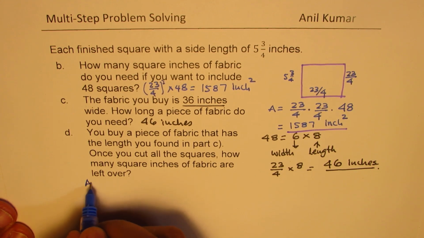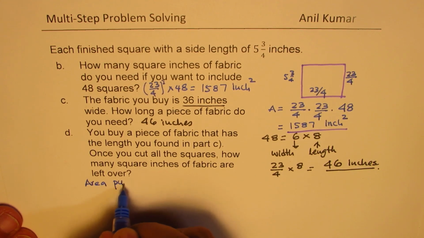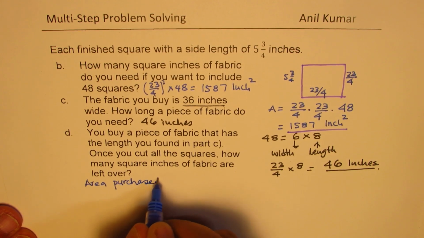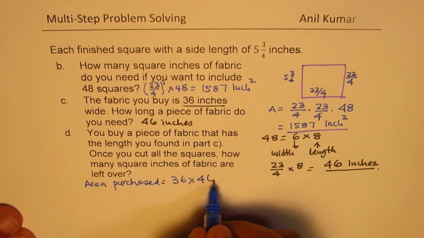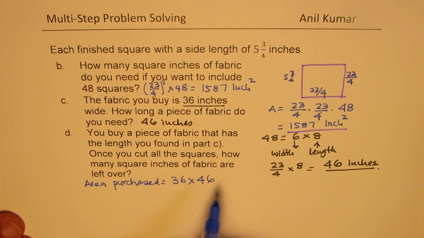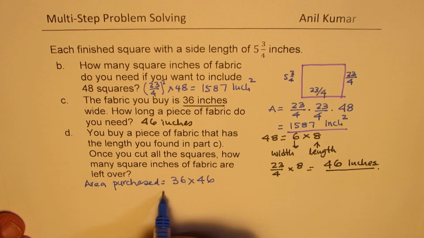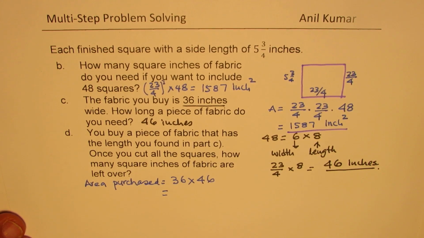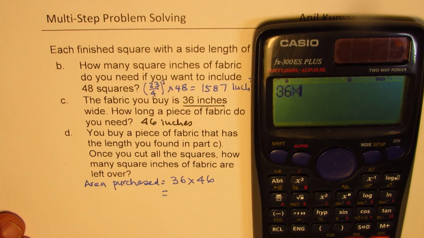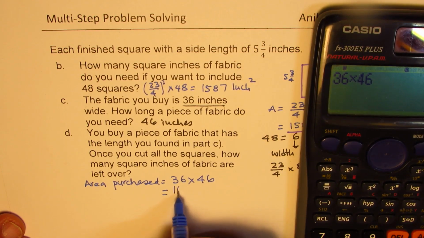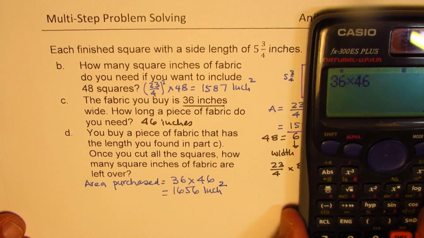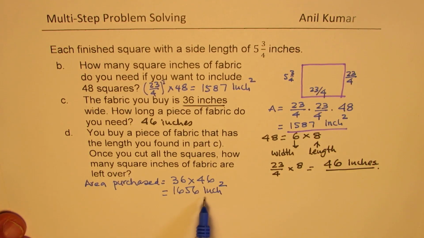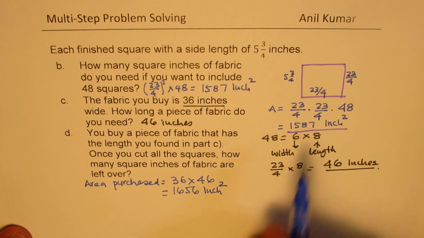So the area purchased is 36 times 46, which is equal to 1656. So you purchased that much, and you wanted only 1587.